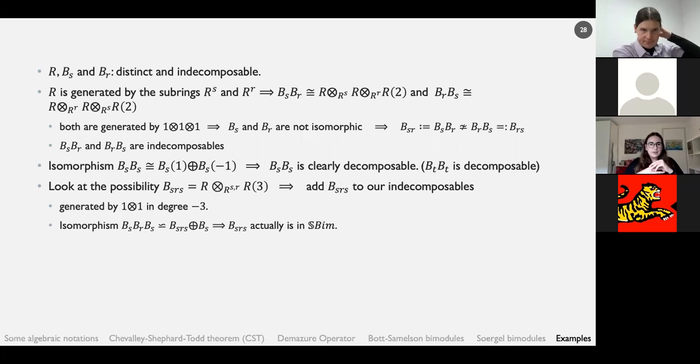And because of the isomorphism you can see here in the last line, B_S B_R B_S is actually in the category of Soergel bimodules, and this means that we can add it to our list of indecomposables.